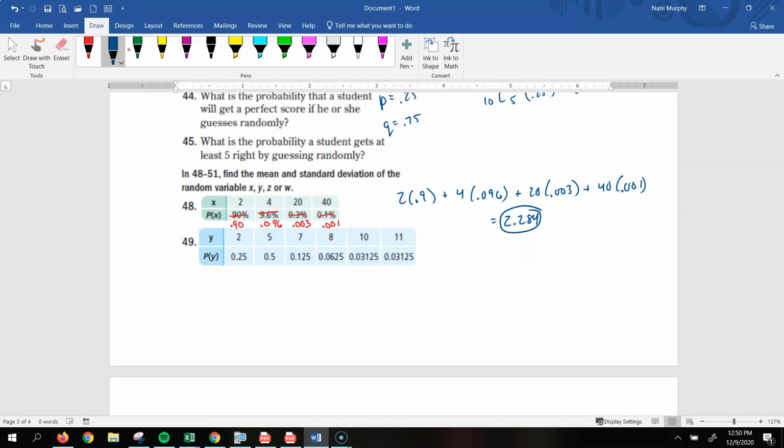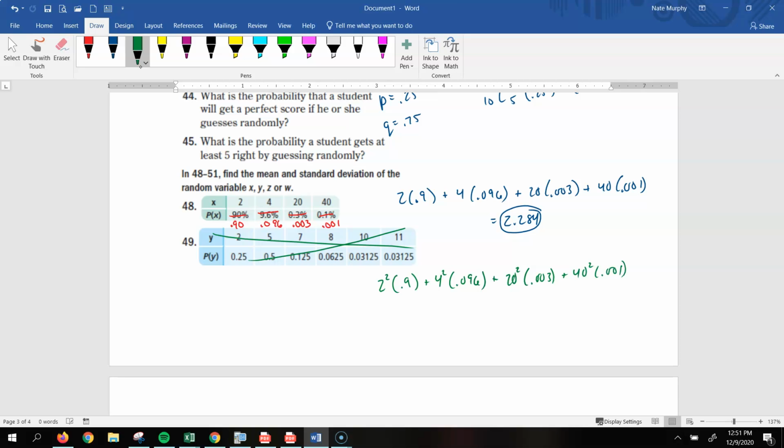Now to find the standard deviation, we're going to go through a very similar process. So again, I'm just going to cross this out. We're going to start out with squaring the x values. So we'd have 2 squared, or 4, times 0.9, plus 4 squared, or 16, times 0.096, plus 20 squared, or 400, times 0.003, plus 40 squared, or 1600, times 0.001.